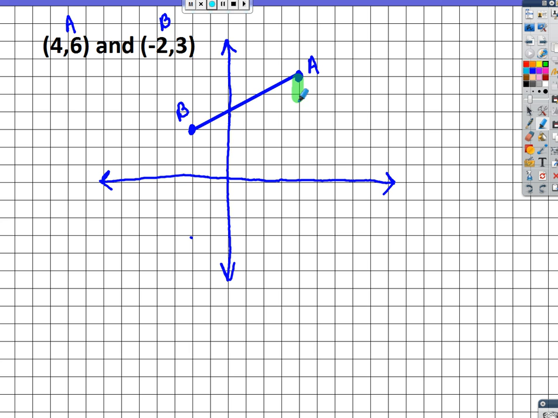I can see how this forms a right triangle, and when I look at it, the distance between point A and point B is my hypotenuse. And here is my right angle, formed from a vertical and horizontal intersection of 2 lines.